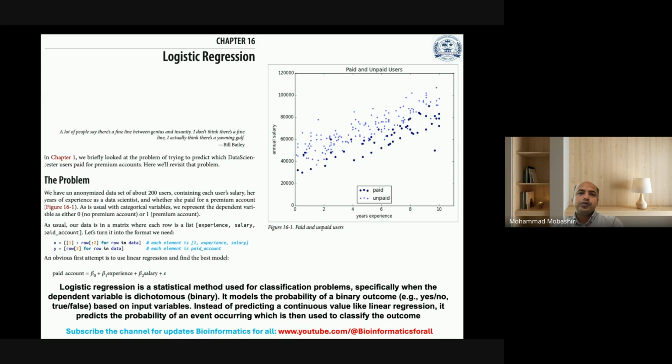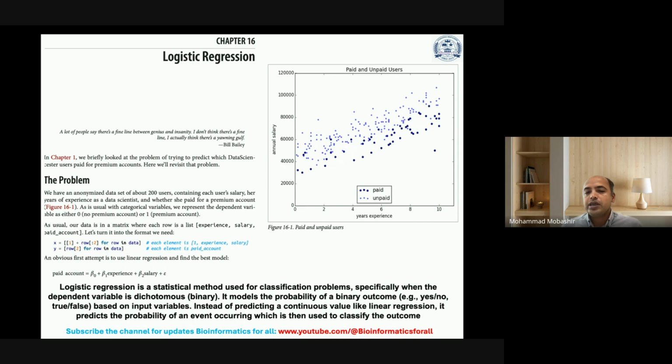Today I'm going to continue from logistic regression, which I have already introduced very briefly in the beginning of the data science course. Here in logistic regression, you are quite familiar that it is a statistical method used for the classification of problems, specifically when the dependent variable is dichotomous or binary, or we also call it discrete, and it models the probability of a binary outcome in the form of yes or no based on the input variables.